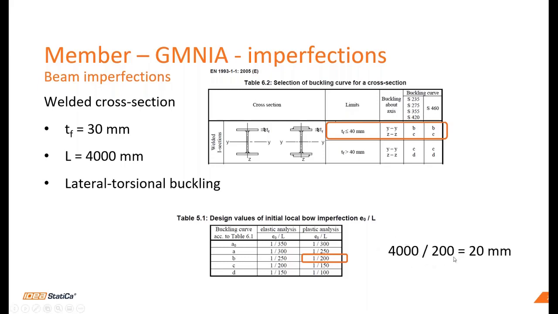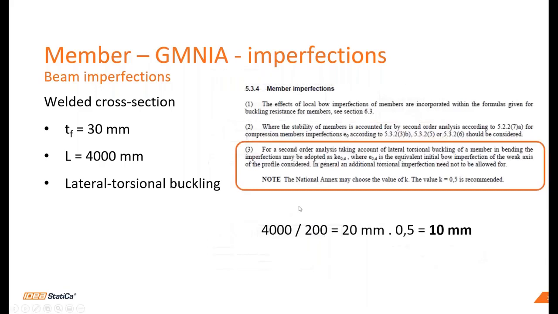And with the length of the beam, I can calculate 20 millimeters. But for the lateral torsional buckling, there is a recommendation to reduce the value with the K factor. So I will multiply it, and I have 10 millimeters finally.